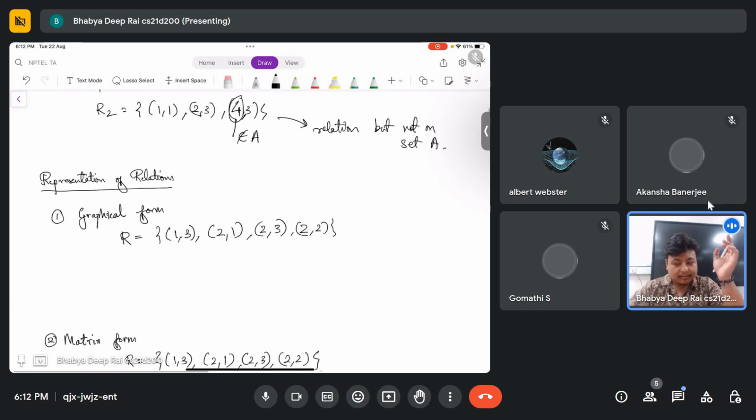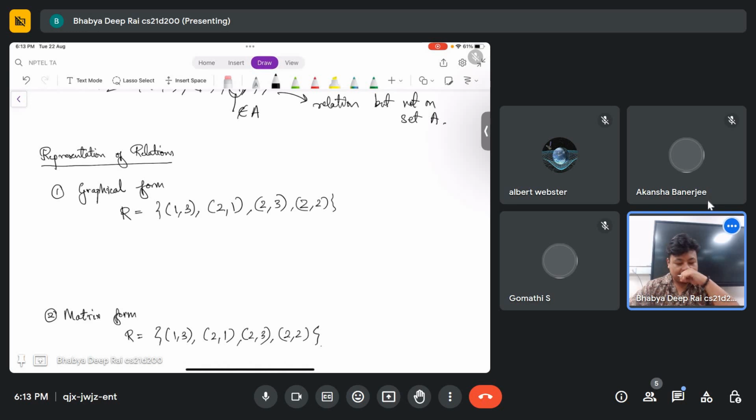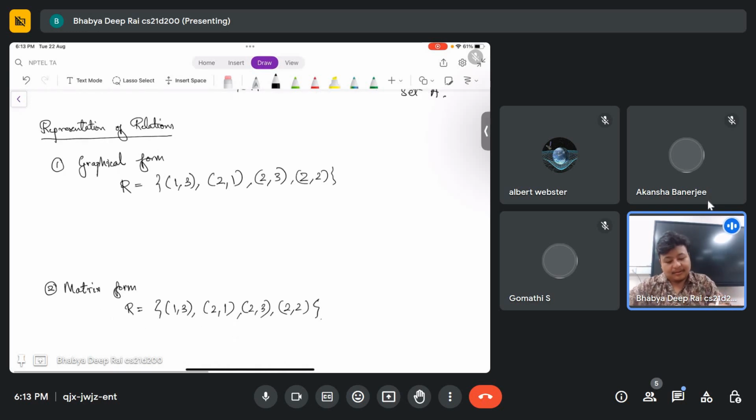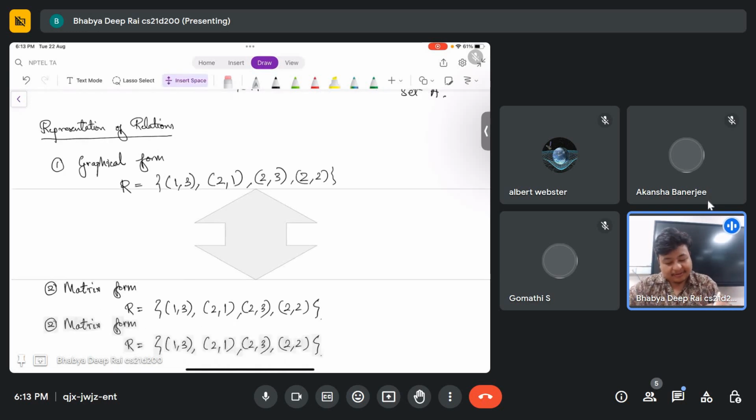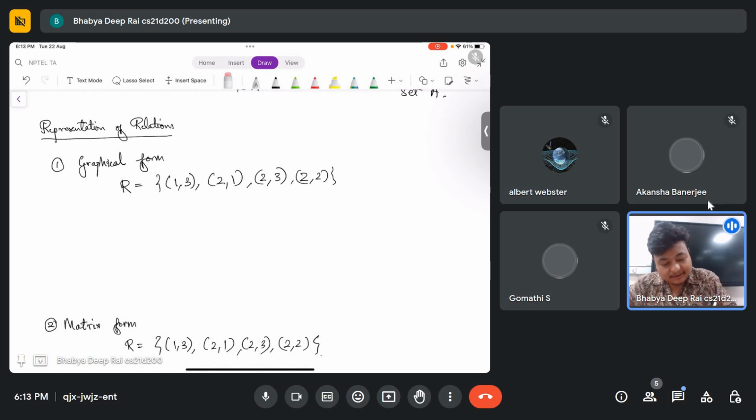Now, how do you represent these relations? One way to represent them is what is called the graphical form, or graphs. There is an area called graph theory, which is an entire vast area in computer science and mathematics in itself.